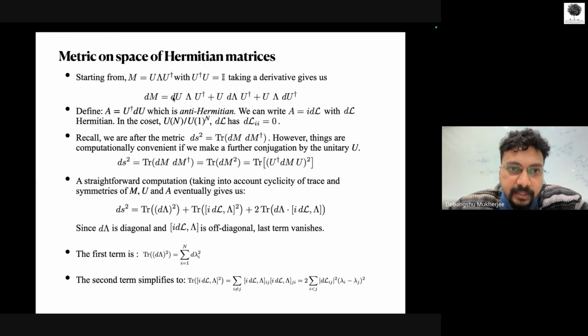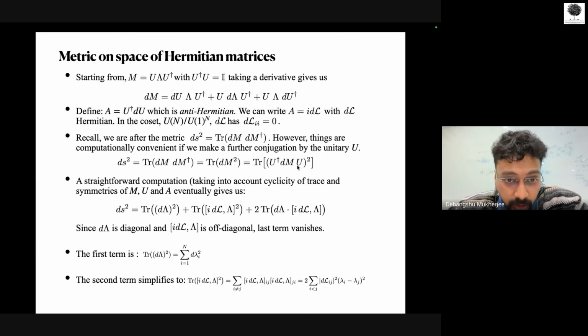Of course, you can directly take this M and dM dagger and plug it here and compute. But it becomes actually convenient if you do a further conjugation by the unitary, because if you don't, you will end up with things like trace of dU something dU, and you will get dU square.